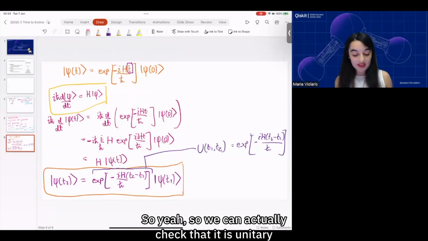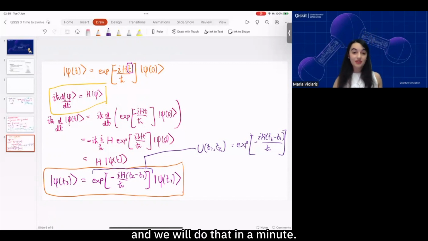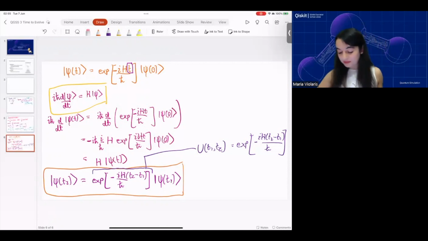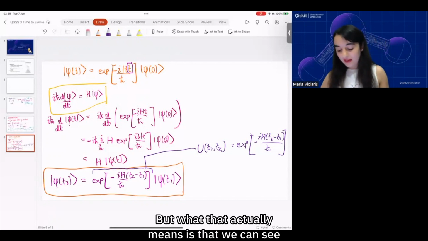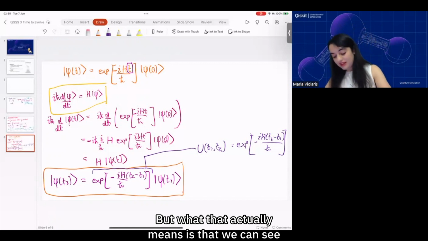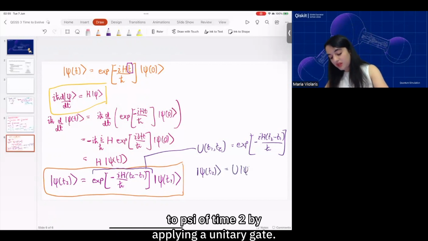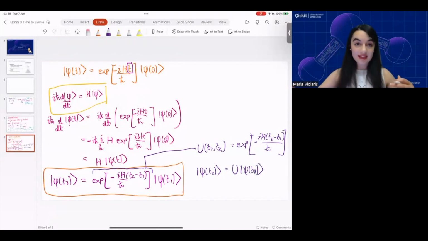We can actually check that it is unitary, and we will do that in a minute. But what that means is that you can evolve from psi at time 1 to psi at time 2 by applying a unitary gate.